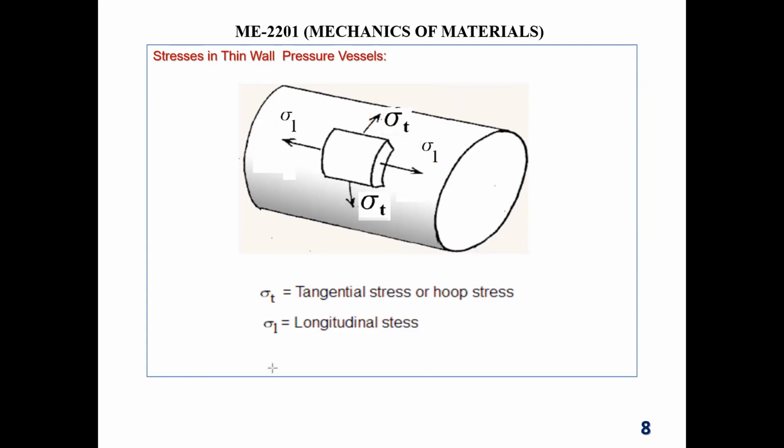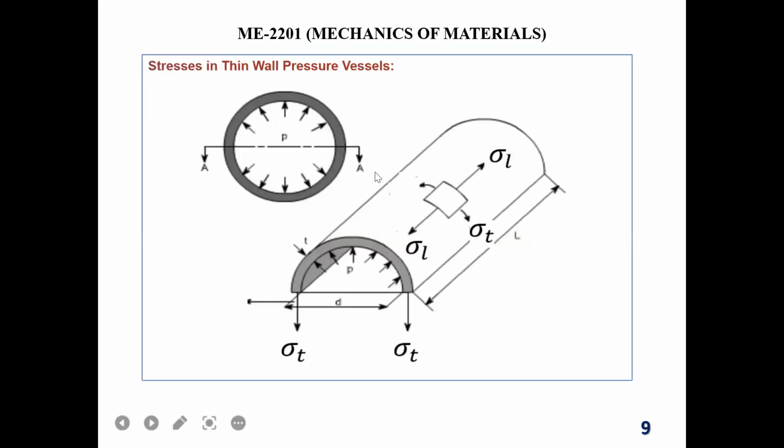Now, how can you measure those things? Obviously, you need to have a formula, right? So how can we derive that formula? You see on the right over here, this is a cross section of this cylindrical pressure vessel. Inside pressure is working, and pressure always works perpendicular to the surface. Okay. So I take the half.